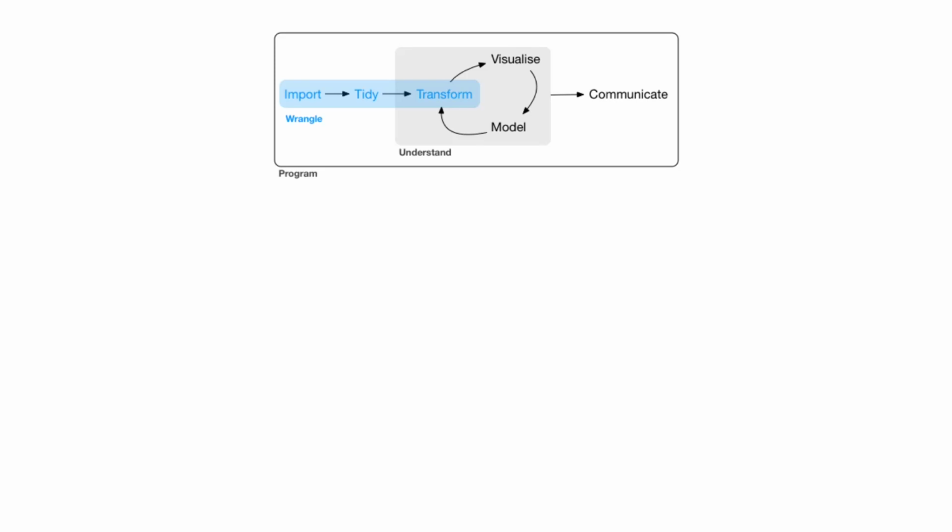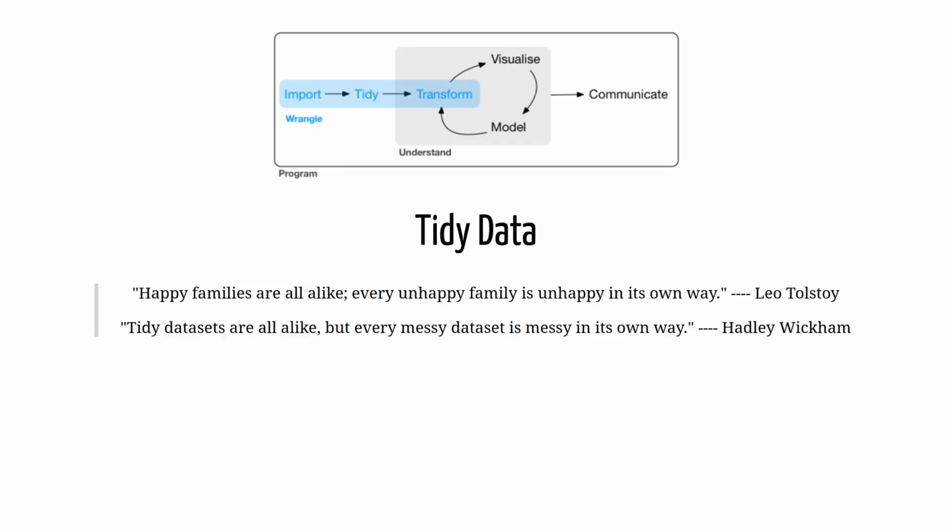So then let's get to the main topic of today's session, which is tidy data. And Hadley Wickham borrows from Leo Tolstoy here when he says that tidy data sets are all alike, but every messy data set is messy in its own way. I'm using again some artwork from Allison Horst here to explain what exactly tidy data is.